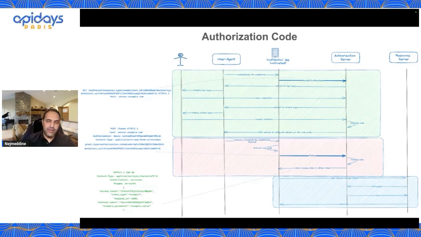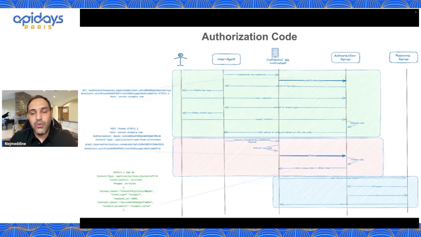In the case of authorization code and authorization code with PKCE, the idea is, first of all, we need to get a code, and the second step is to exchange the code and get the token from this code.